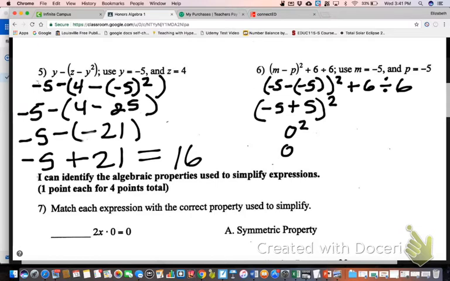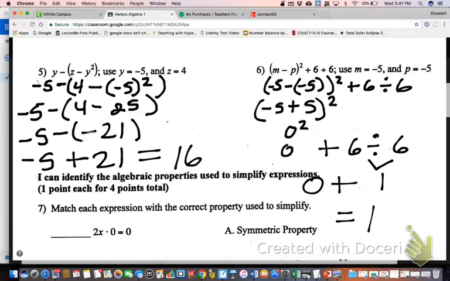Okay? Now I'm going to bring down the rest of my problem. I've got that plus 6 and that divided by 6. So we know that we need to divide before we add. So 6 divided by 6 is 1. And last but not least, 0 plus 1 means I finally get my answer of a positive 1.